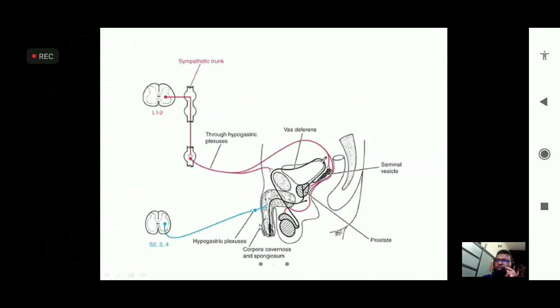So now you can understand the basics of anatomical aspects of these problems and male reproduction, because this is the only system which is unique to the male. The heart is the same in case of male or female, the kidneys are the same, all the organs are the same. Only the genital system is different for males and females, right?